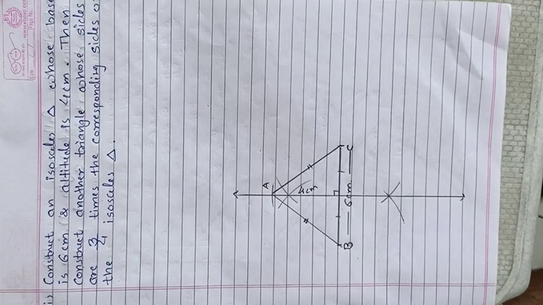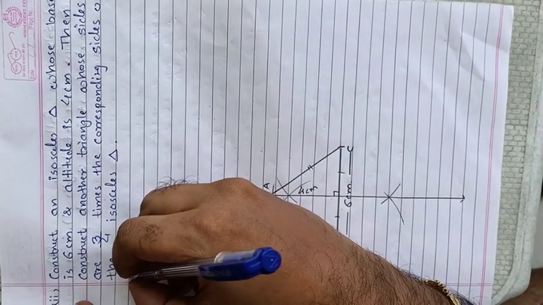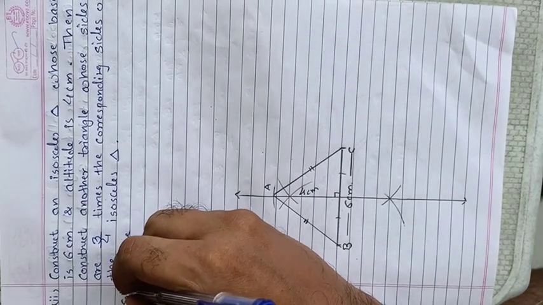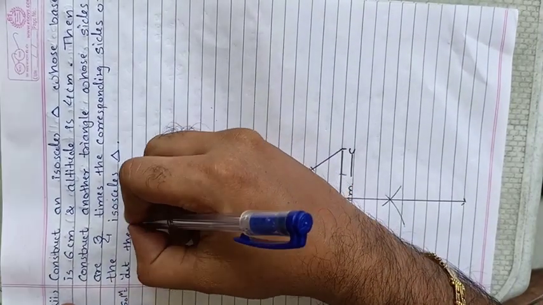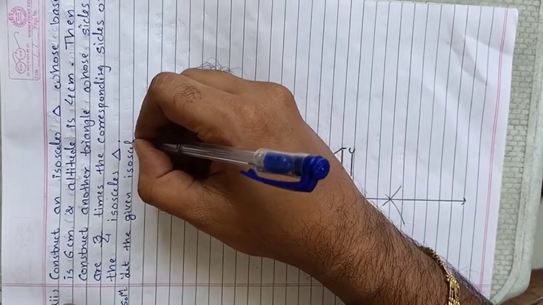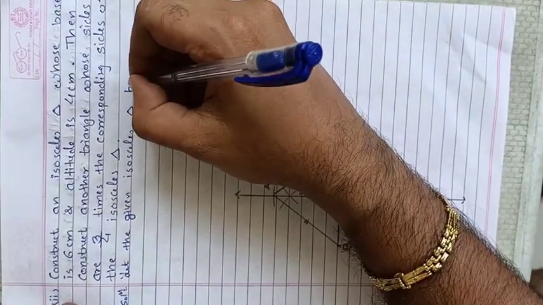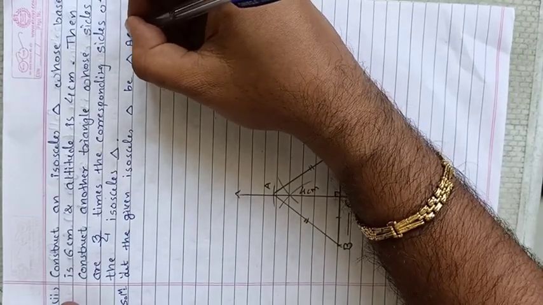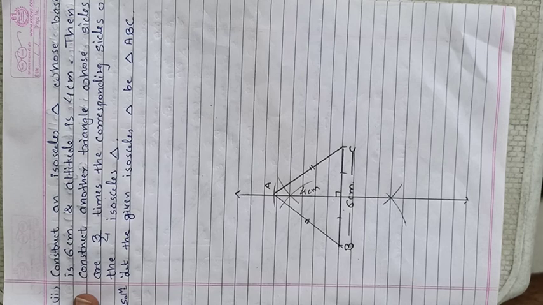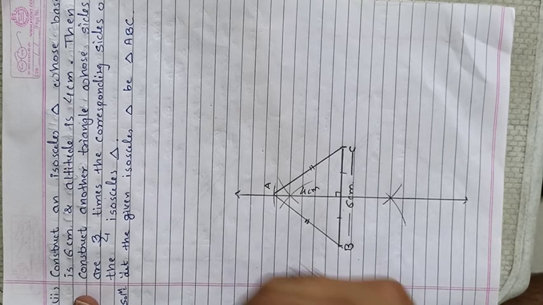Let me write with pen the solution or construction. Let the given isosceles triangle be triangle ABC. Construct another triangle.